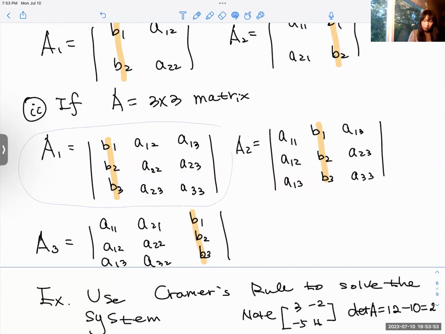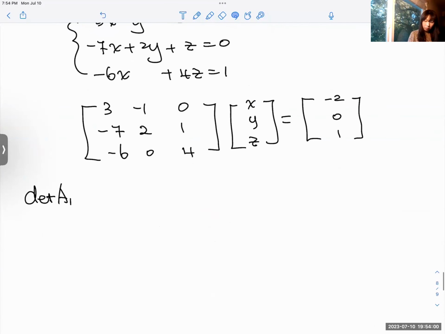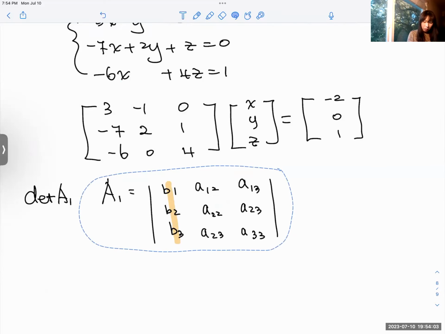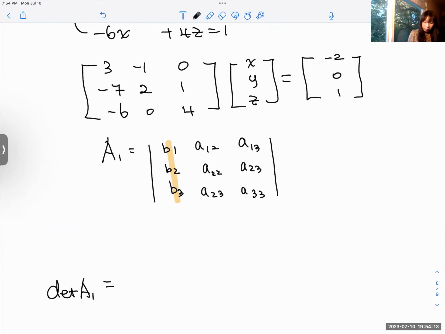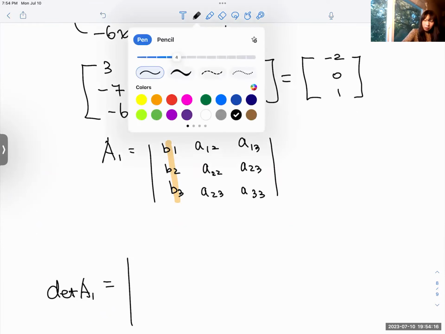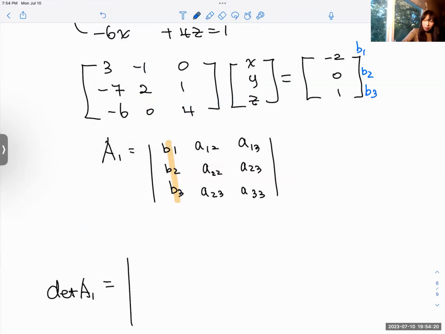This one, right? So we are using B sub 1, B sub 2, B sub 3, that is negative 2, 0, 1, and A 1,2, A 2,2, A 3,2, and 1,3, 2,3, 3,3, right?